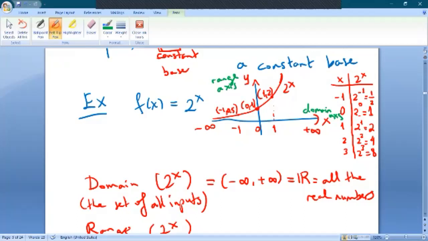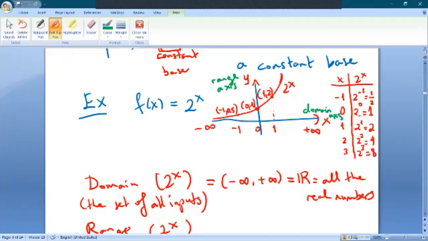There is no obstacle, we cannot input any bigger number here. We can input any bigger number. It's going to give a huge number anyway. So if we had a bigger graph here, it would just cover up all the domain axis. So the domain is from minus infinity to plus infinity.